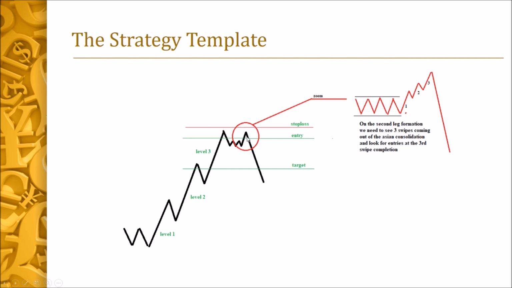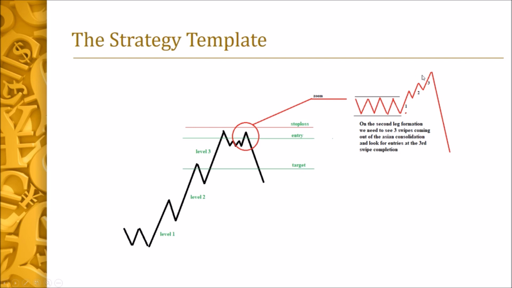Zooming in on this part, the consolidation should be presented with this structure, and it usually occurs in the Asian session. After having this consolidation, we will need to see 3 bursts, or 3 vector candles, or 3 swipes with consolidation in between in this structure. 1, 2, 3, and this will be our point of entry.